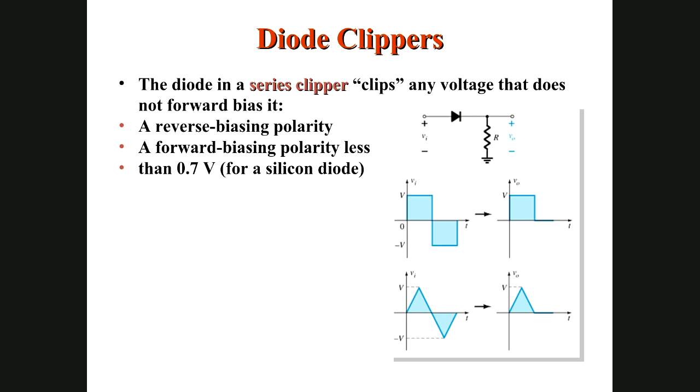Fine. So you can get a question in the exam: draw the series clipper circuit, or maybe you will get an input like the way we have here, and you will get the circuit and you have to find out the output. Fine. So this is very simple, but anyway, we'll discuss one by one.